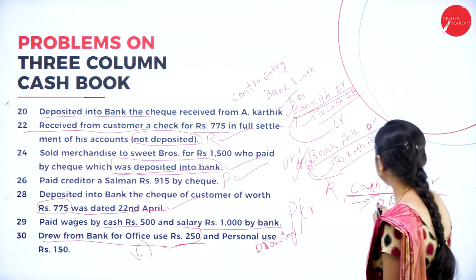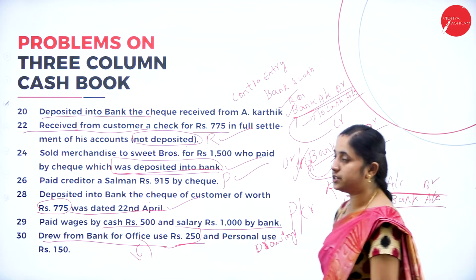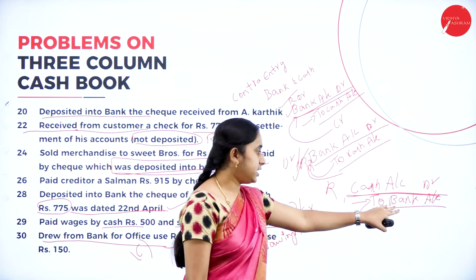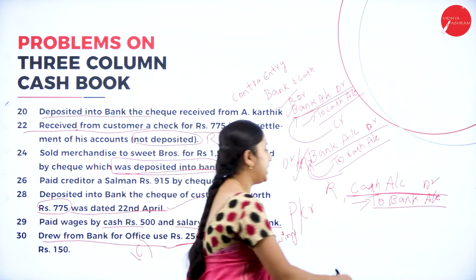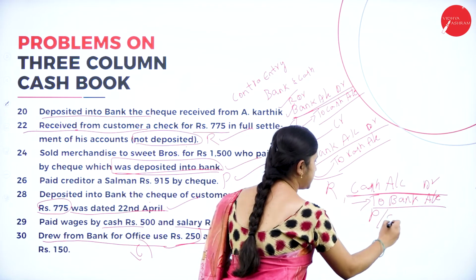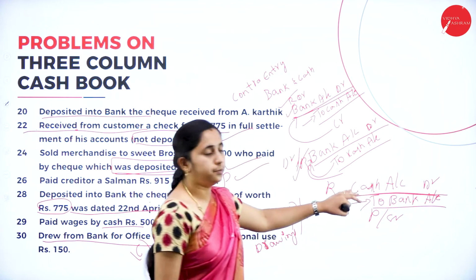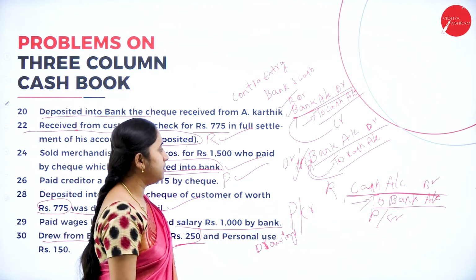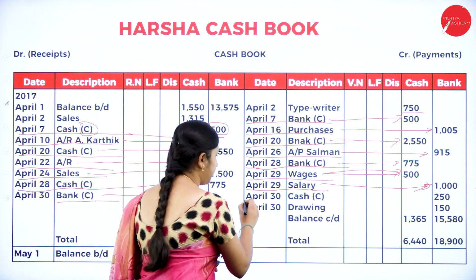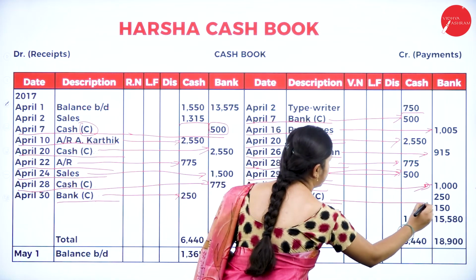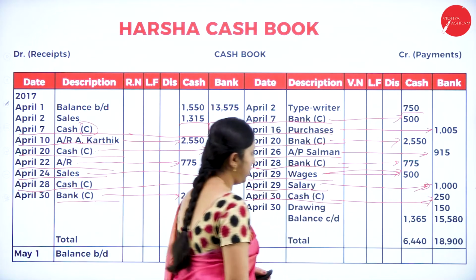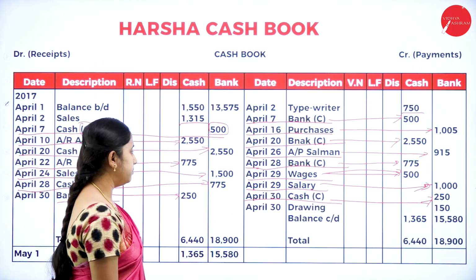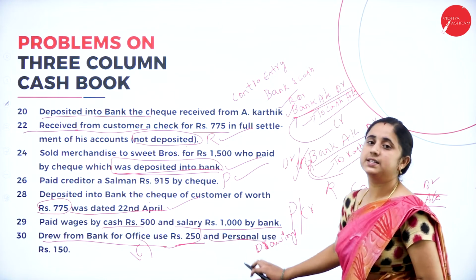Next, post this transaction. Bank account. Here bank is credited. So write in the credit side or payment side, by cash account rupees 250. Amount in bank column. April 30th cash account, amount in the bank column. Next, last one for personal purpose.